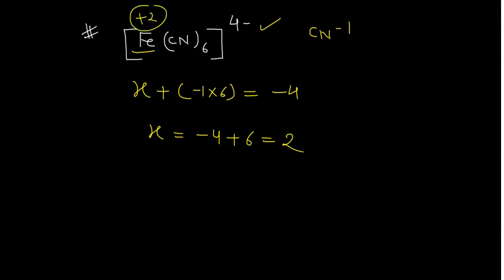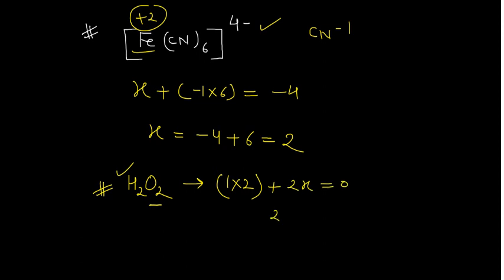But there are certain species, say for example, you have hydrogen peroxide H2O2, and you have to calculate the oxidation state of oxygen in that case. So how will you do that? 1 times 2, because you know hydrogen is plus 1 and it is present 2 times, and then you can write here plus 2x equals 0.